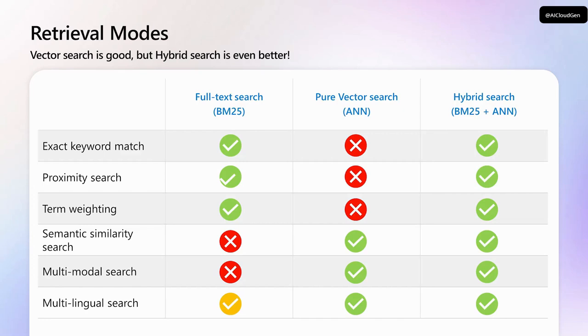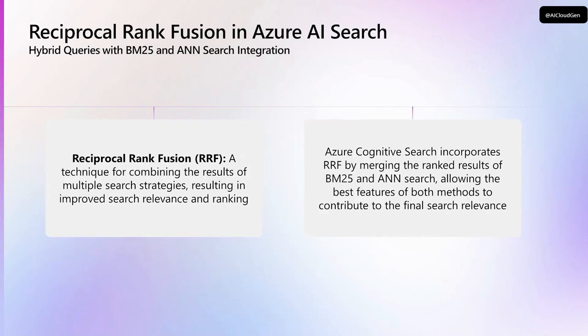Then you need to do the ranking, because each one is ranked by its own search mechanism. For the combined ranking, we use RRF, which is reciprocal rank fusion. It's a technique for combining the results from multiple search strategies while still providing search relevance and ranking. So hybrid search is the best way to go.